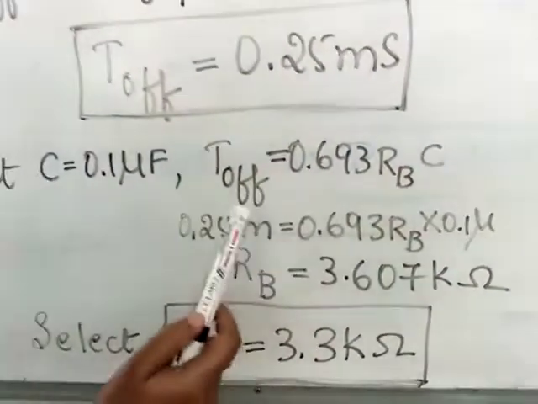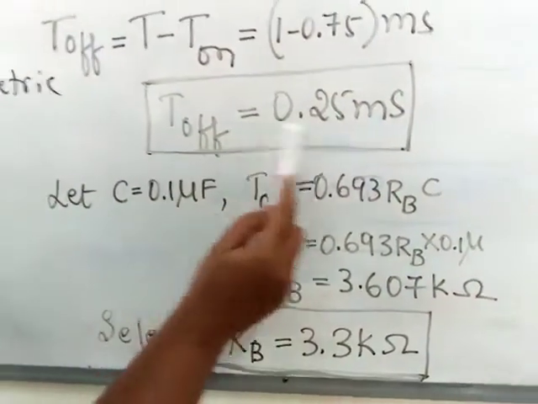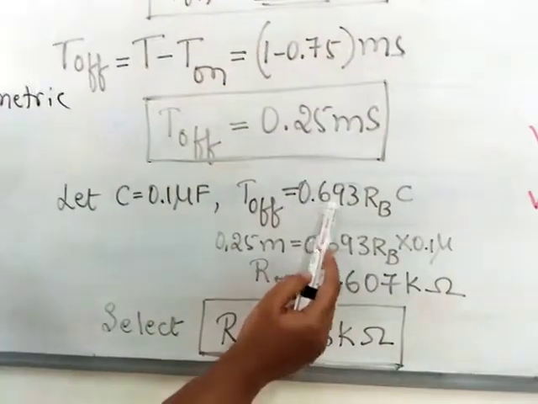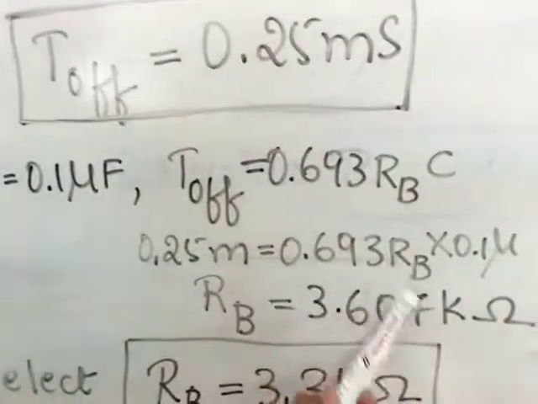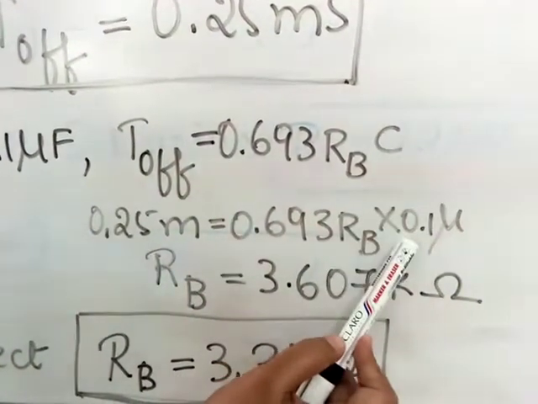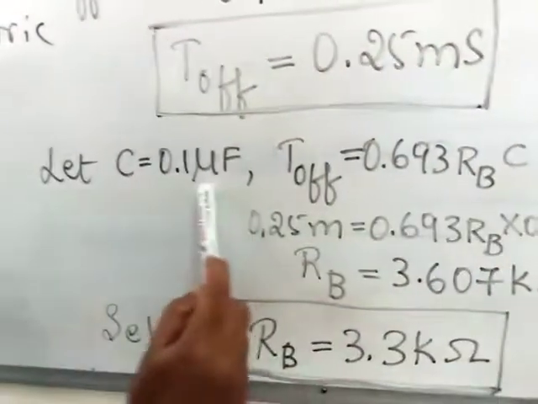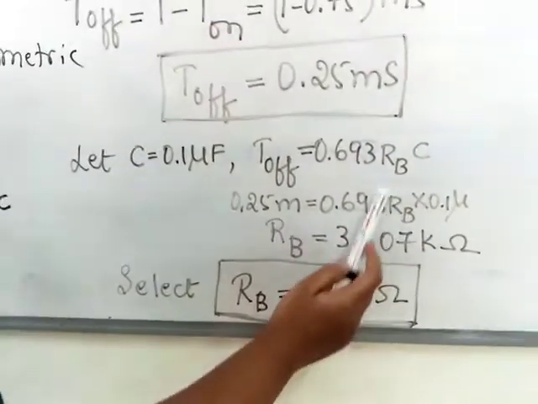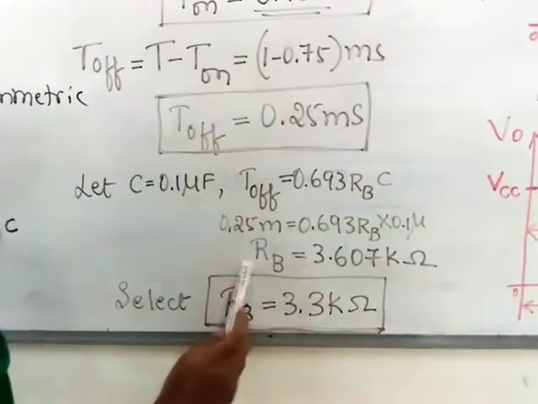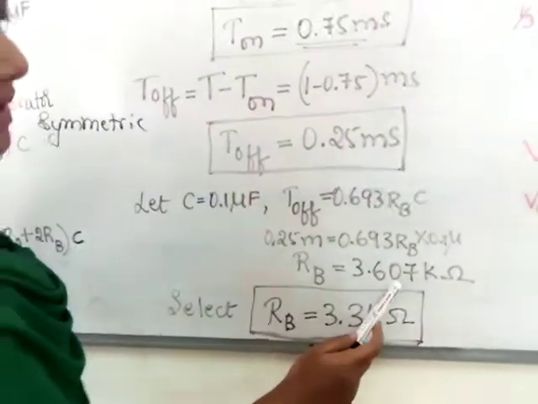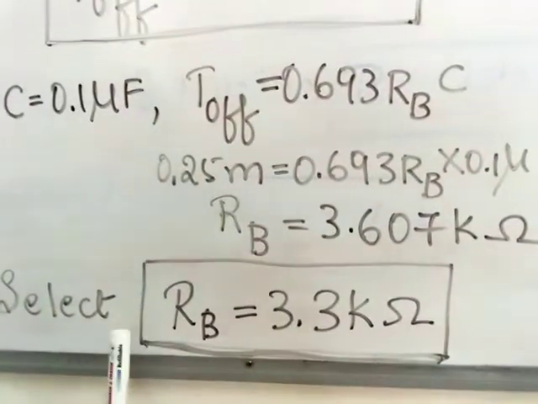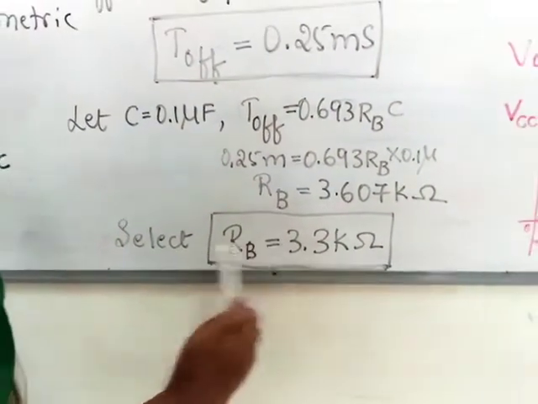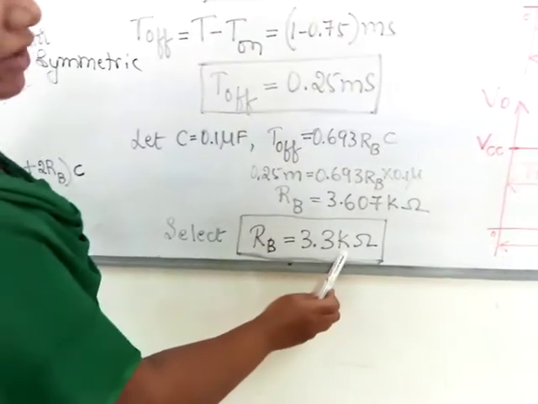T off we have already calculated as 0.25 milliseconds, equal to 0.693 into RB, which we need to calculate, into C, which we have assumed as 0.1 microfarad. Substitute all these values and simplify to get the value of RB. So we get RB equals 3.607 kilo ohm, but the standard value of resistance available is 3.3 kilo ohm. So choose RB equals 3.3 kilo ohm.